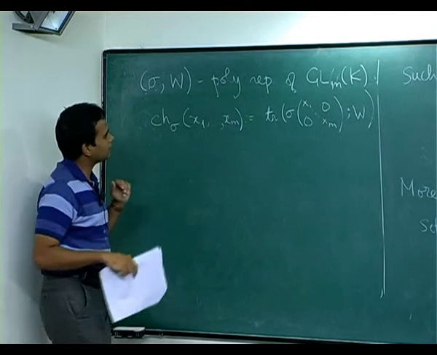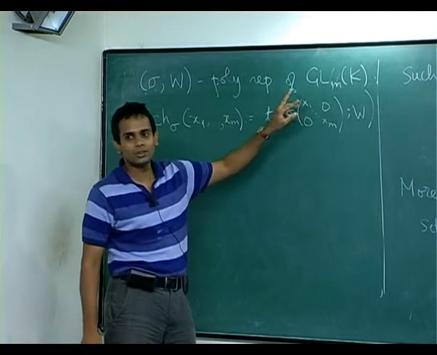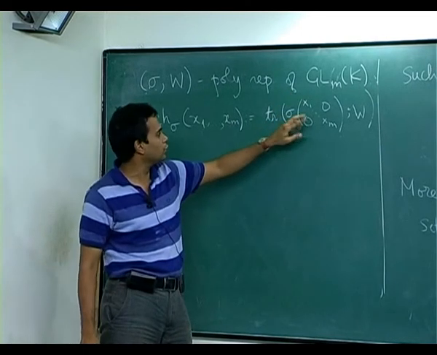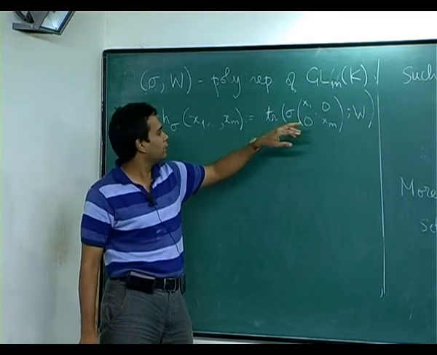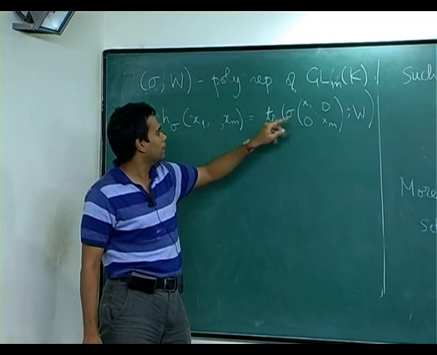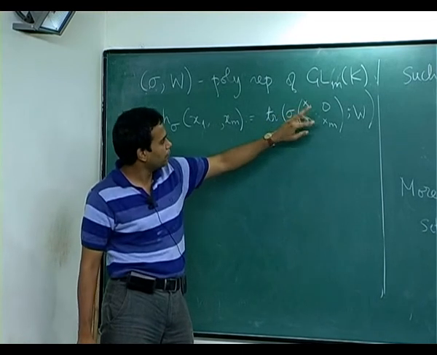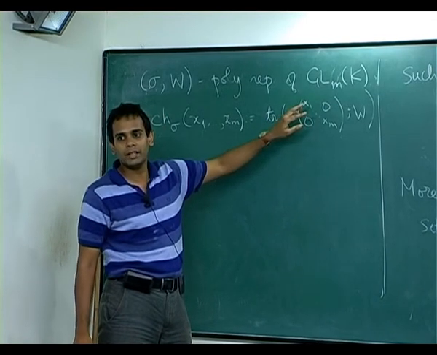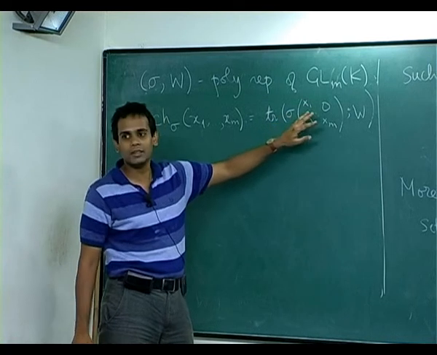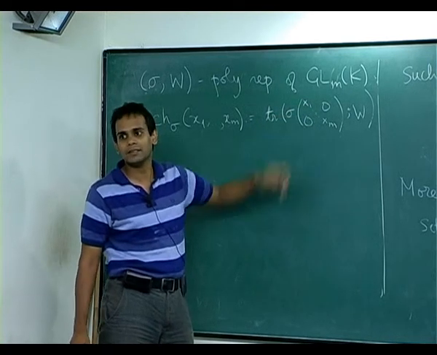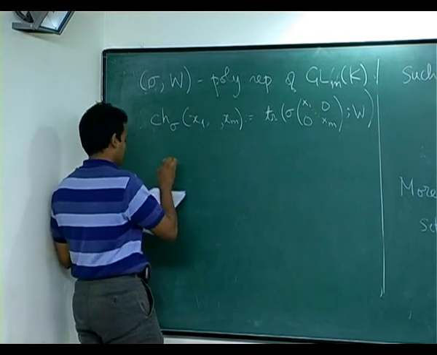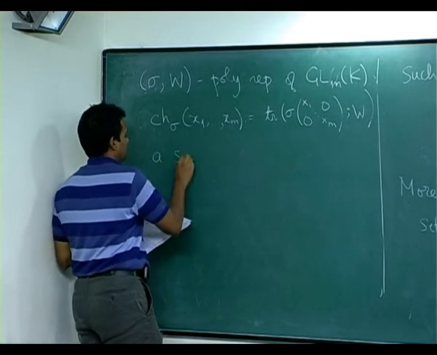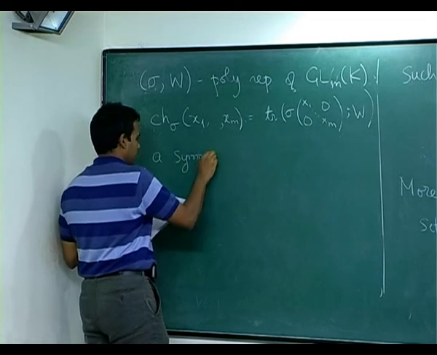If you were to interchange two of these, that would amount to conjugating this matrix by a permutation matrix, and what that would mean is that sigma of the permuted thing would be conjugate to sigma of the original thing, and you would get the same trace. And so this is actually a symmetric polynomial in x1, x2, ..., xm.